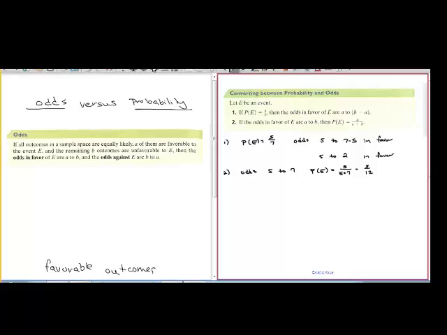Pardon me? Yeah, that's a little bit different, it's different than the odds we're talking about here. You could still use that, but I don't think it's the way that odds are used. I think with something like that, if it's 3 to 2, you would have 5 games.